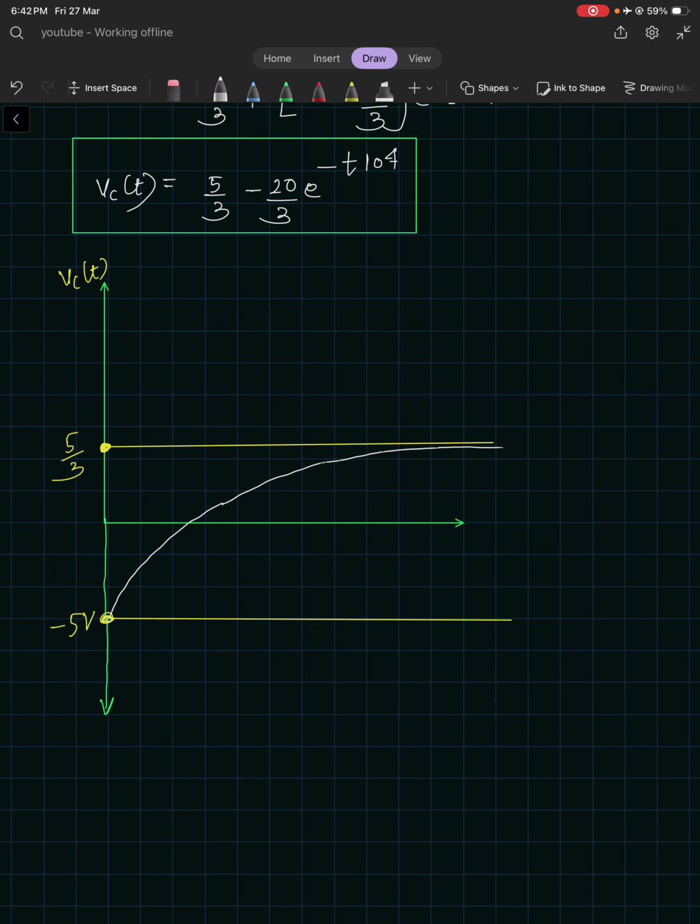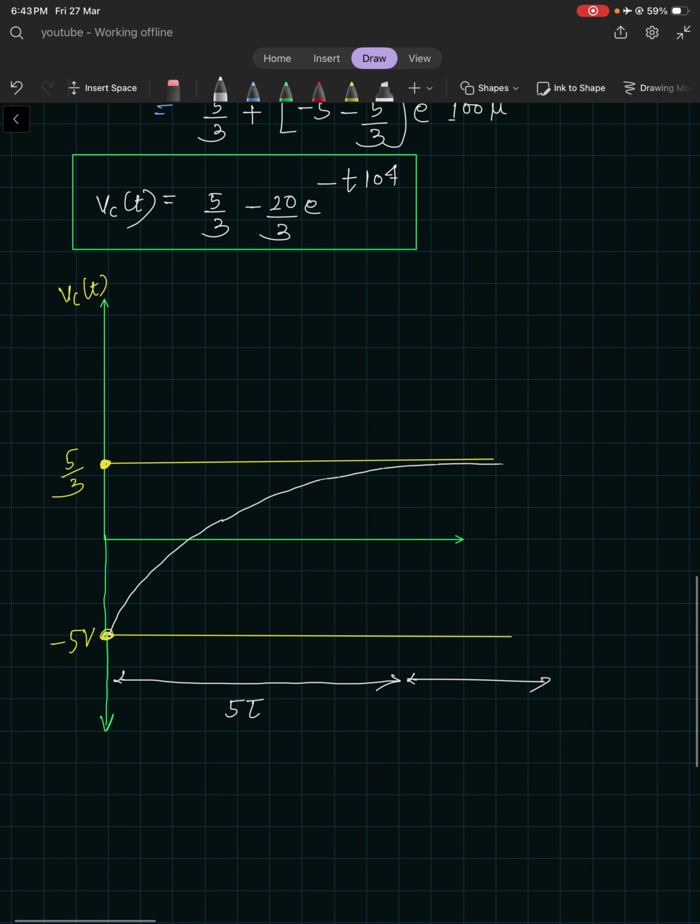Just as we studied in the previous lectures, this transient time is around 5 time constants, after which it achieves the steady state value. 5 time constants means it will almost reach 99%, or 4 tau, about 98%. So this is the graph, right?